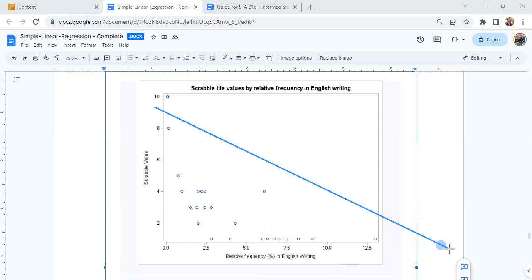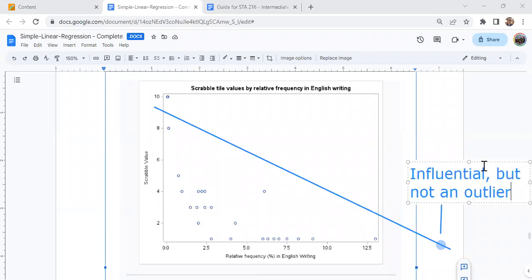No, actually its residual is really, really small. So it's not an outlier, but it's very influential. That's kind of a tricky part. Sometimes it feels like every point that's influential is an outlier or vice versa, but it's not the case. So this point is influential, but not an outlier.